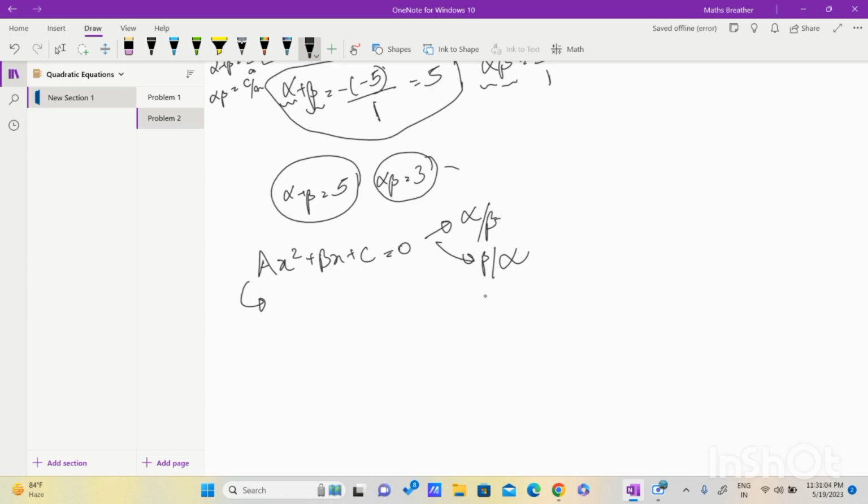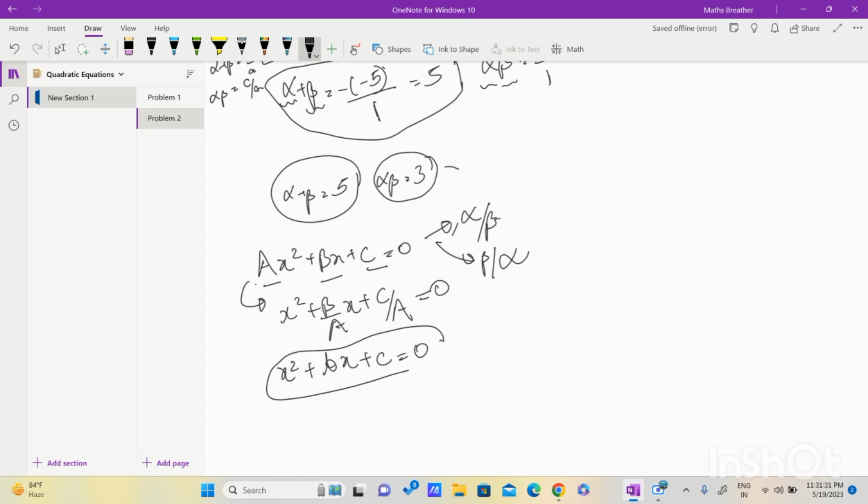So you have two known factors, but in this equation you need to find three unknown factors, a, b, and c. So to make this equation a generic one, I'll divide by a everywhere. So x square plus b by a x plus c by a equals 0 becomes my equation. b by a is a number itself, right? So you can say x square plus bx plus c equals 0. You can call it any number, your equation might look like this, no worries.